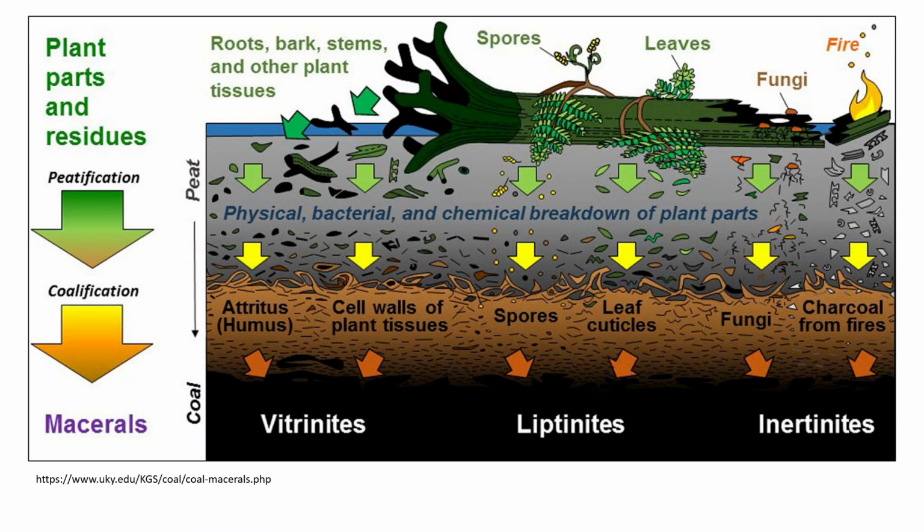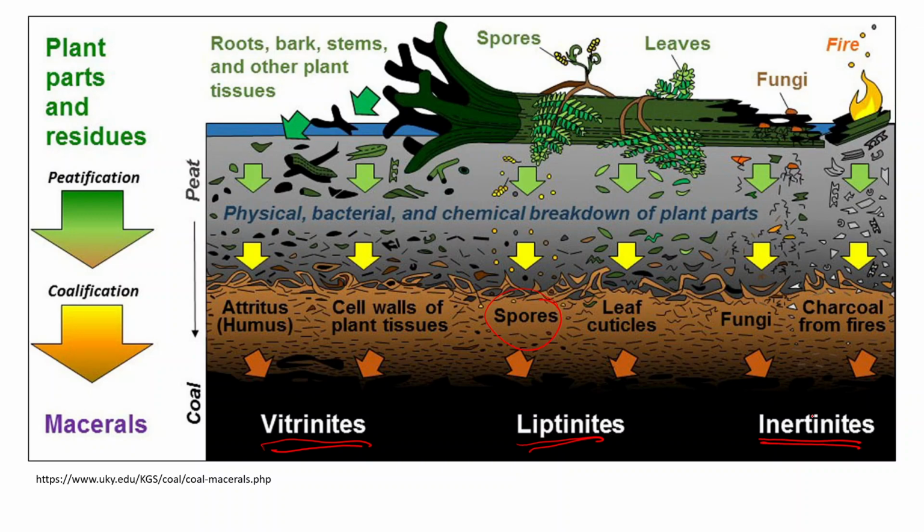If you see over here, the root, bark, stem, and other plant tissues give rise to the vitrinite group of macerals. You can see over here that the cell walls of plant tissues and humus get preserved as vitrinite in the coal, while the spores and leaf cuticles and the pollens are all constituents of the liptinite group of macerals, while the fungal material and the burnt wood, charcoal from fire, give rise to the inertinite.